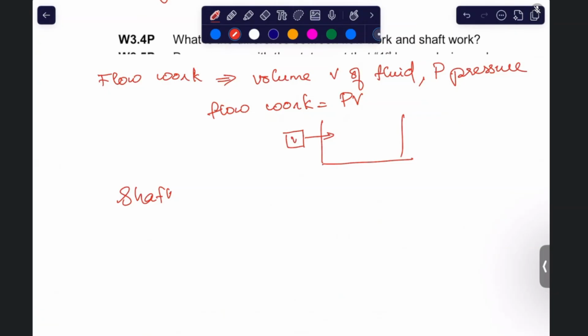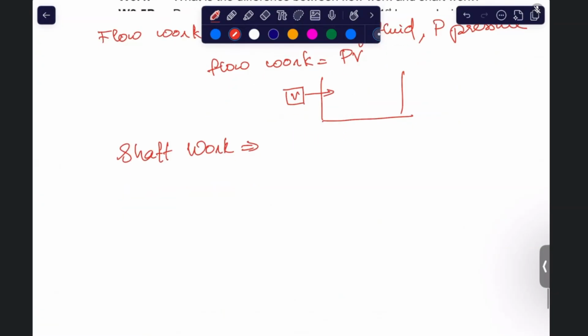Shaft work, on the other hand, is a mechanical work. Think of scenarios like rotating shafts and stirring processes, like in mixing, where we stir the mixture.